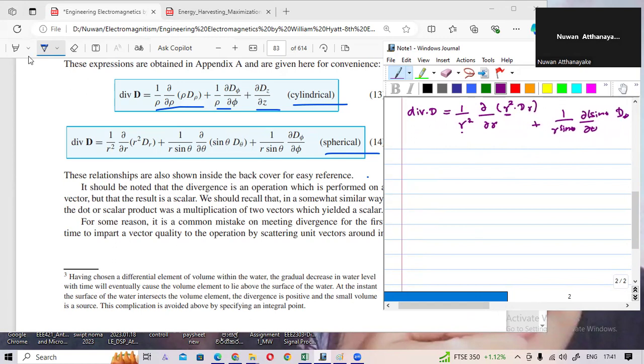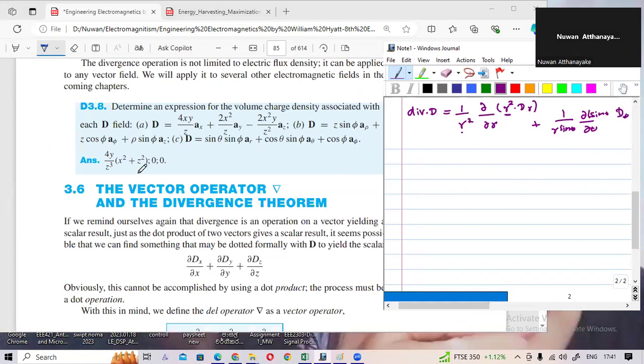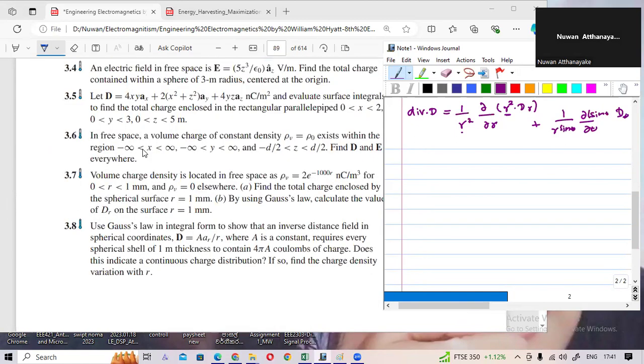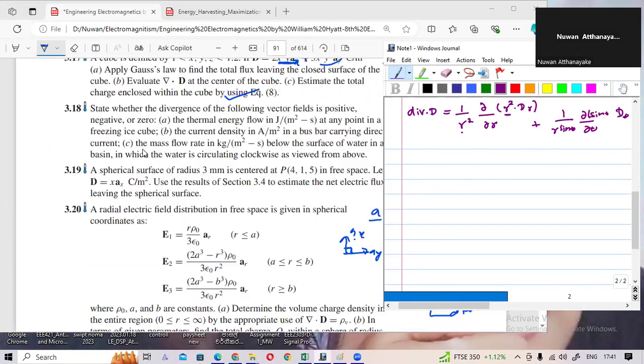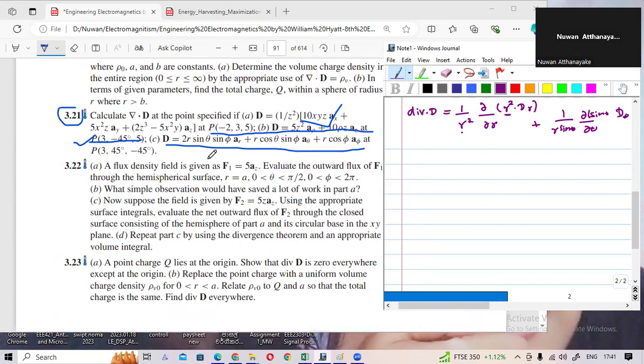So you are given the question. If I see the question again, yeah, this one. D is given. Actually, D is the charge density, the surface charge density, not the volume charge density.